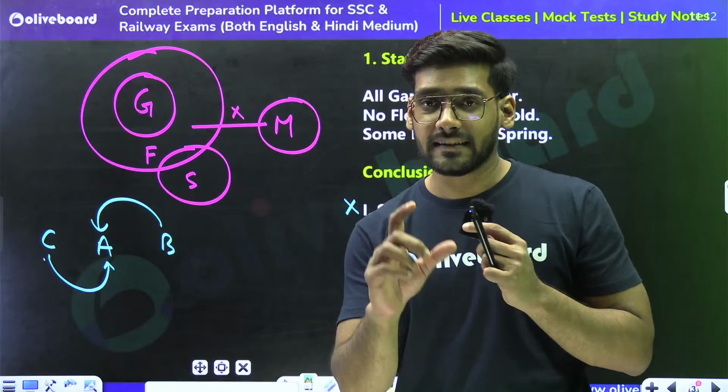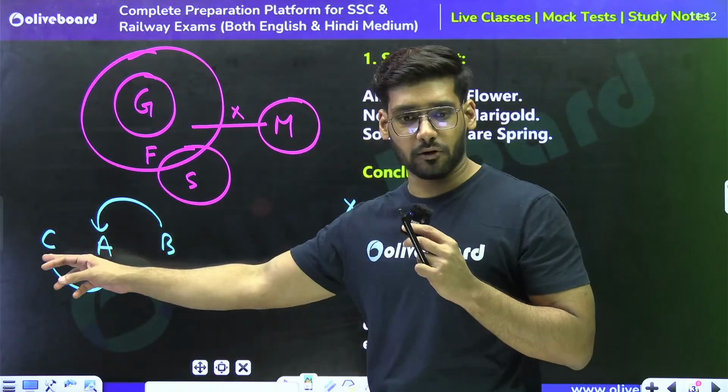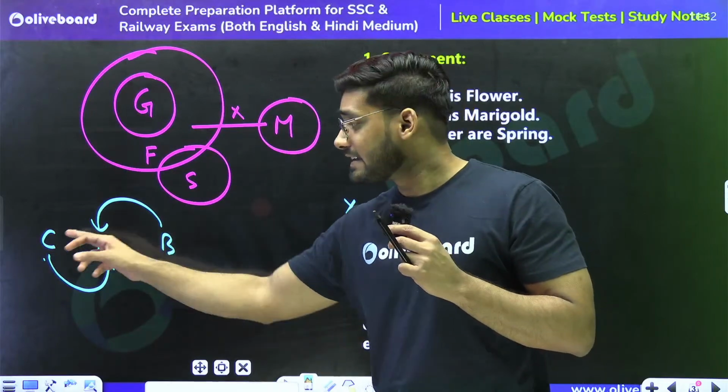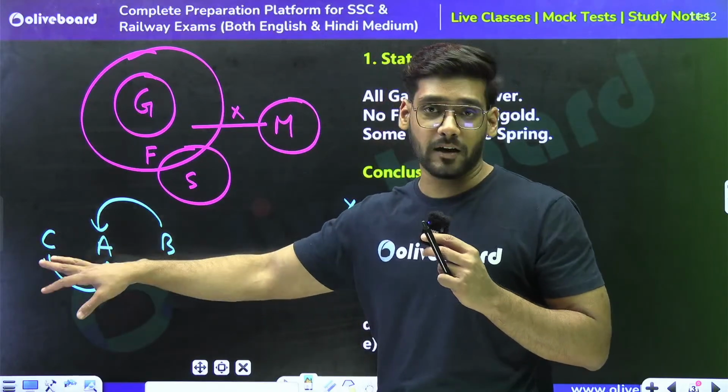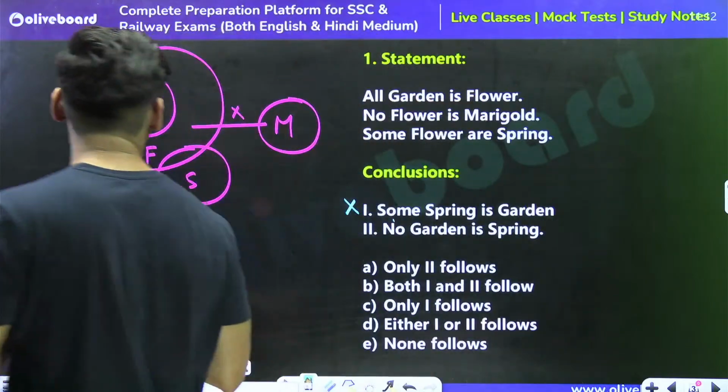So B cannot say anything about C and C cannot say anything about B. C can be a good person or cannot be. Similarly, B can be a good person or cannot be. The same thing follows over here.